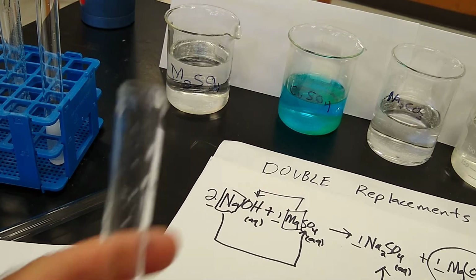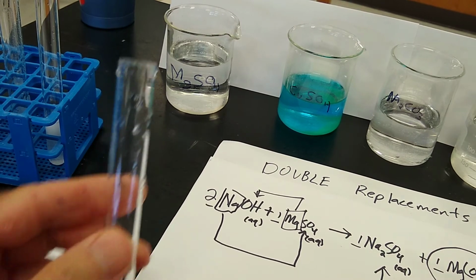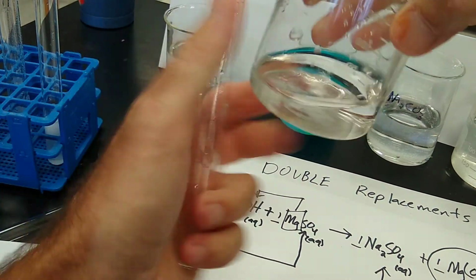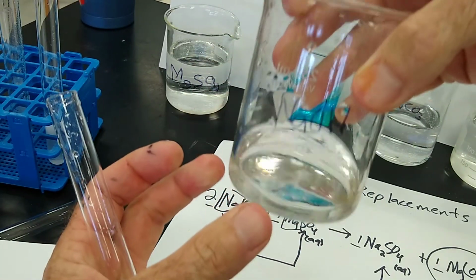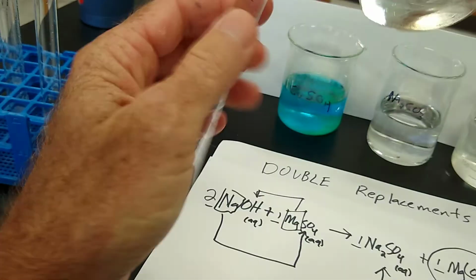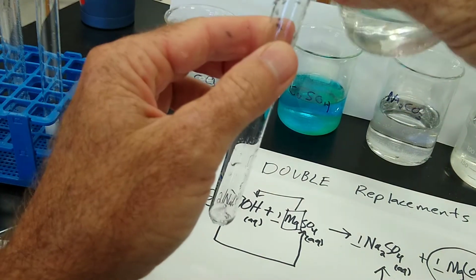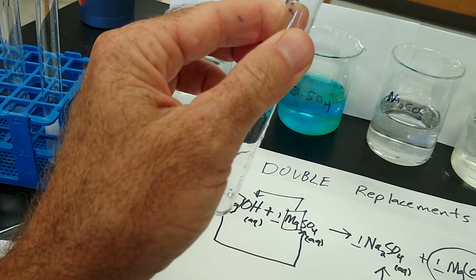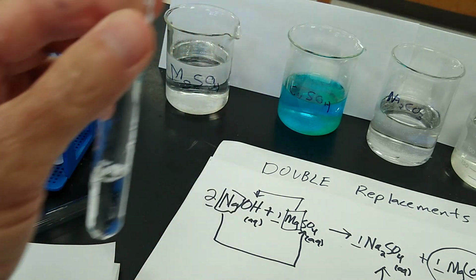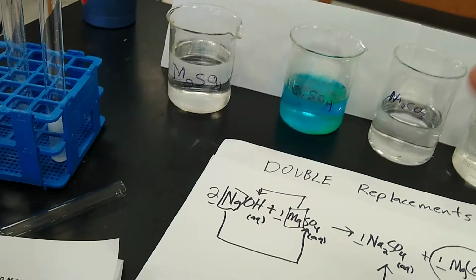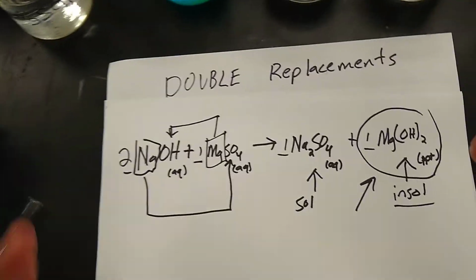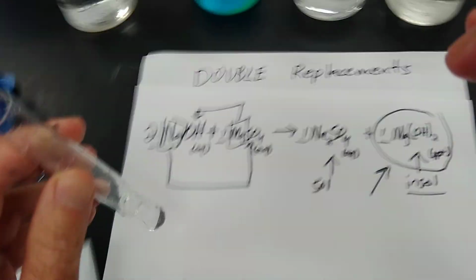Here we go. I'm going to take some sodium hydroxide. Oops, turn it where you can see it. I'm going to pour it into the test tube. So look, I'm literally just doing this equation. There's the sodium hydroxide right there.